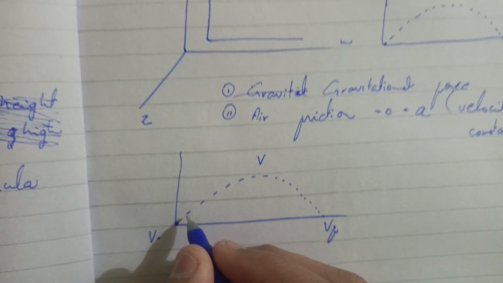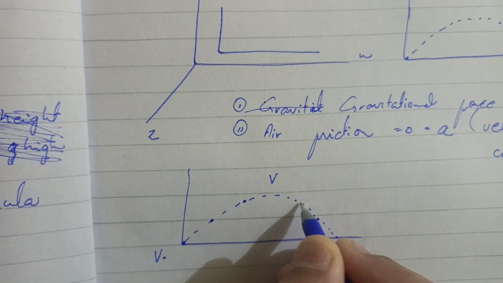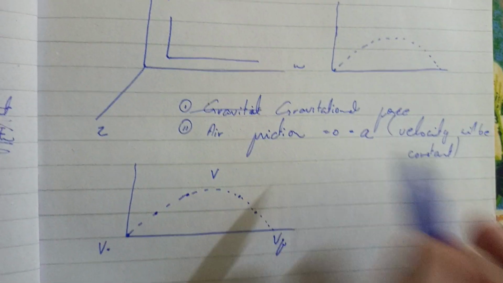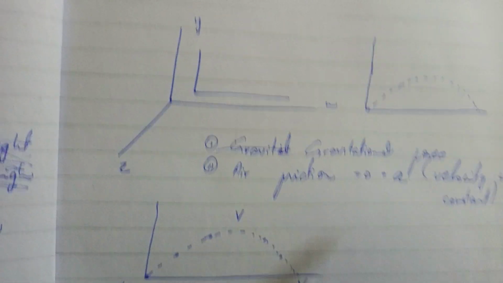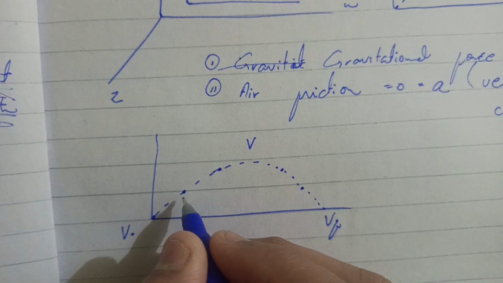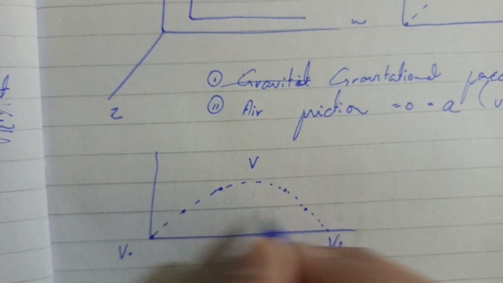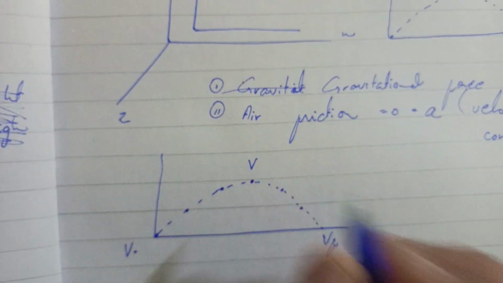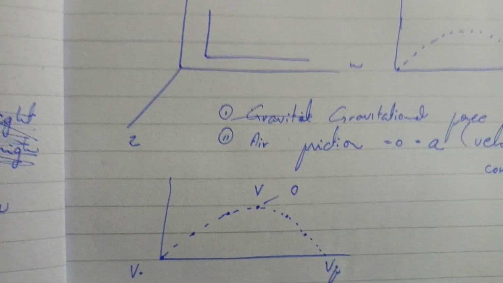And remember one more thing: previously we discussed that air friction is zero, which means acceleration is zero, and at zero acceleration the velocity will be constant. So if you don't have any air friction, the velocity here and here will be the same, and here too. At the top, the velocity will be 0. Everything will be 0 here.